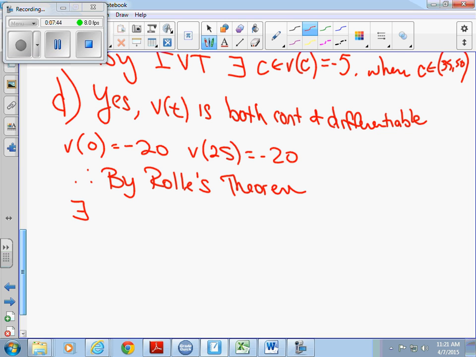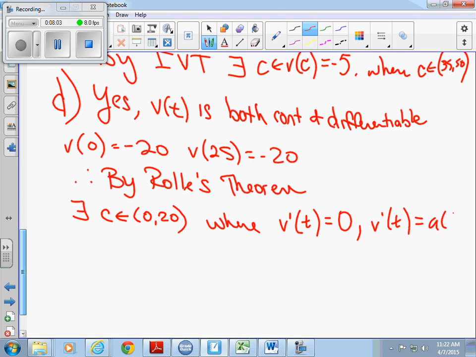There exists a value c in the interval 0 to 20 where v prime of t equals 0. Mental note, v prime of t is a of t. Or you could just say a of t, which equals v prime of t equals 0. There are other ways you can say that.